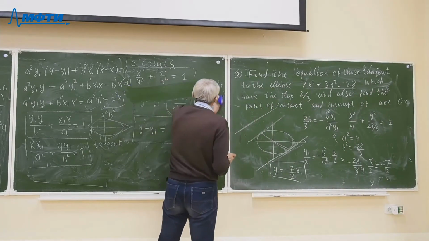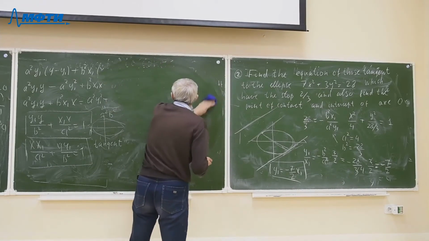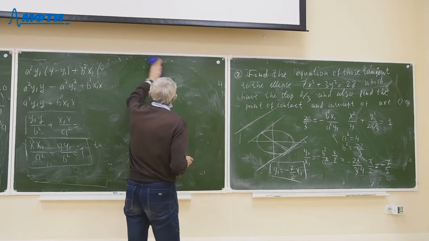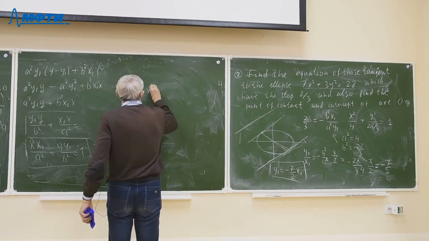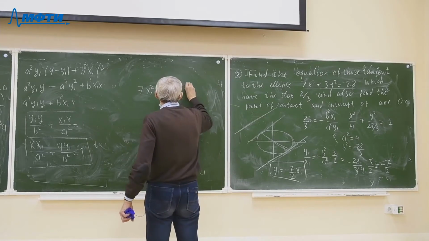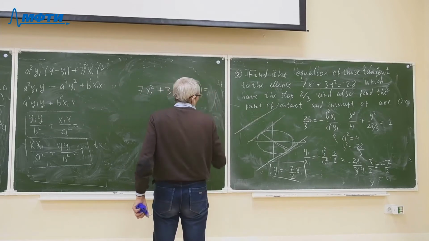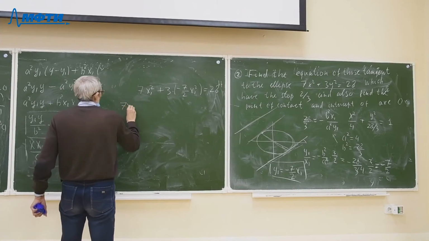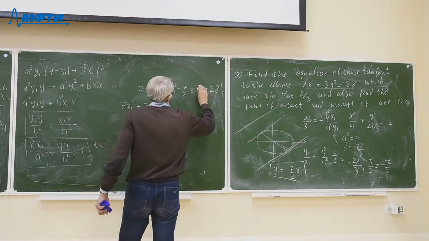After that, we obtain the following equation: 7x1 square plus 3 times minus 7 divided by 2 x1 square is equal to 28. 7x1 square plus 3. Oh, wait, I'm sorry.